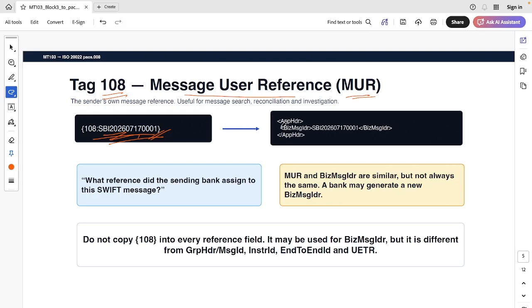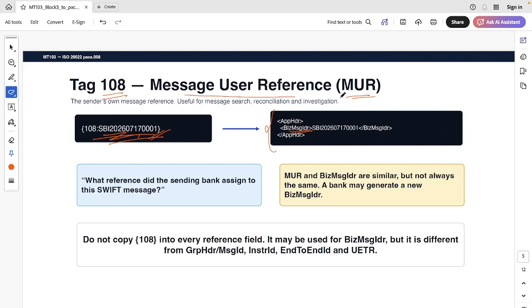The possible mapping in the pacs.008 or ISO 20022 format is the application header, and inside the application header it is the business message identifier. This element uniquely identifies the ISO 20022 business message from the perspective of the sender.